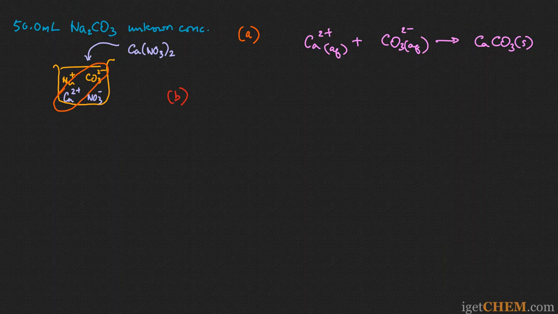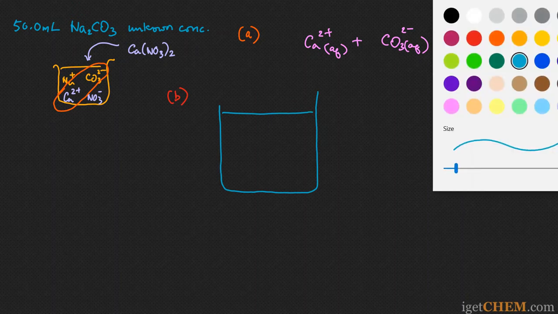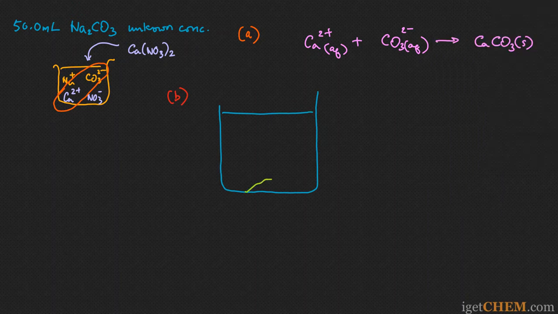In part B, the problem gives you a diagram which is a picture of what ions are in the solution, and in the bottom of the beaker there is obviously the precipitate that's formed, and that precipitate we now already know is CaCO3.